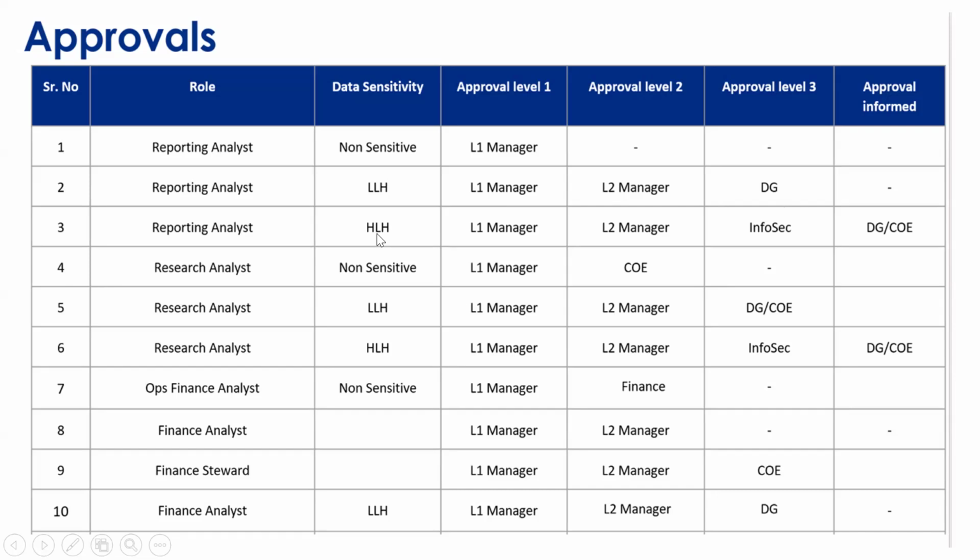And for high likely harm data, the same report analyst role should get approval from L1, L2, and the information security team also. Because this is high likely harm data, right? I need additional approvals. If any one approval level is missed, I'm not going to give access. And once I have granted this particular role this data access, I will inform the division group also. Because I want to be in the safe zone.